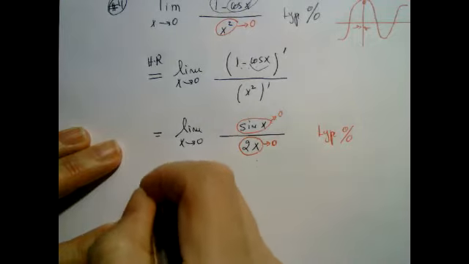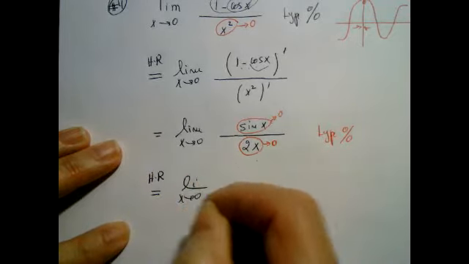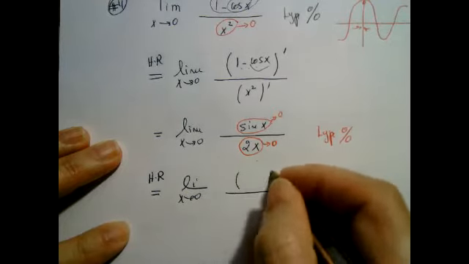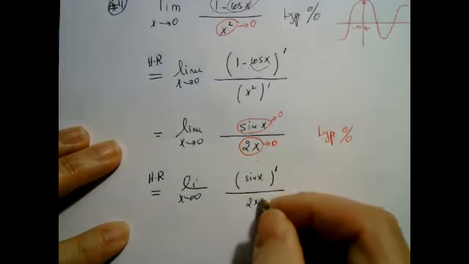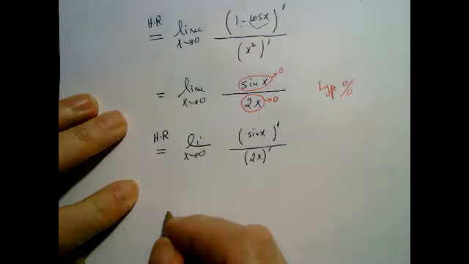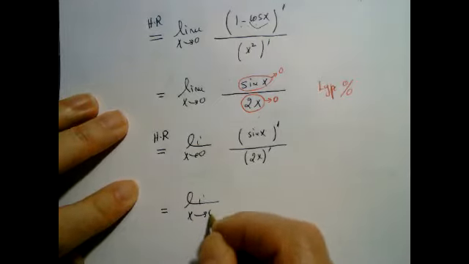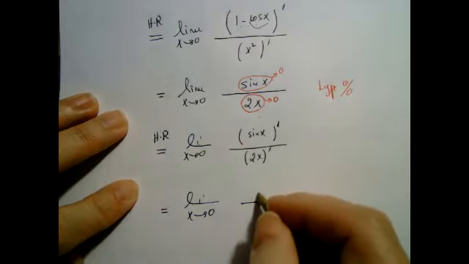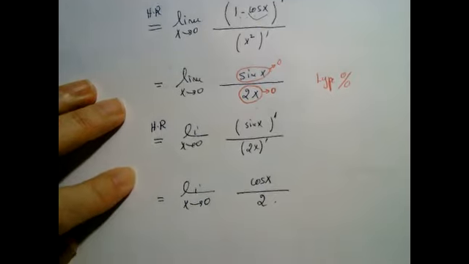So L'Hopital's rule again is the limit as x goes to 0 of the derivative of sine over the derivative of 2x. So we can apply it 2 times, 3 times, 4 times. We can apply it as many times as we want. So that's the limit of the derivative of sine, which is the cosine, over the derivative of 2x, which is 2.